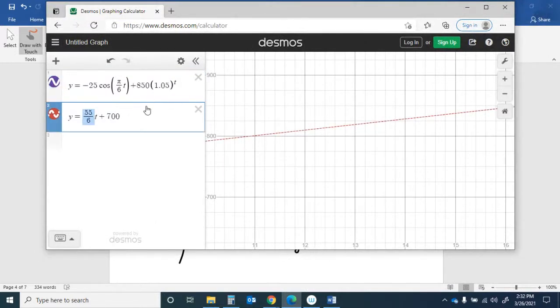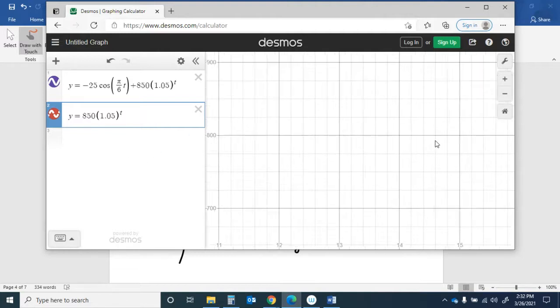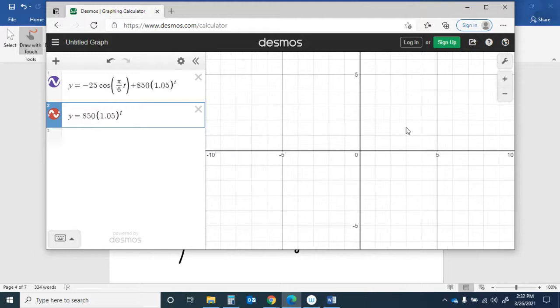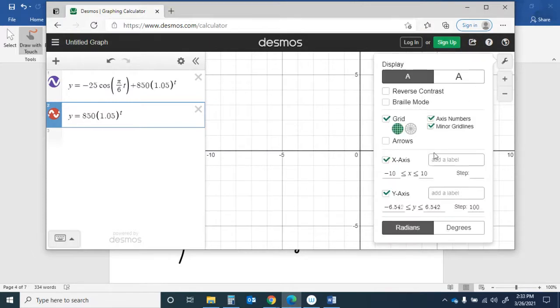Let's have it kind of dotted so we can track it, kind of see it. 850 times 1.05 to the t. All right, so that's our dotted midline. And we just need to figure out what in the world we need to do to be able to see it.